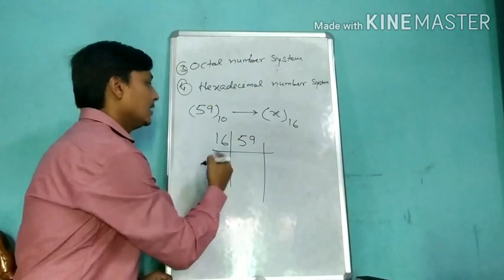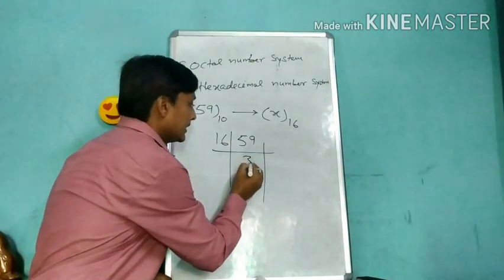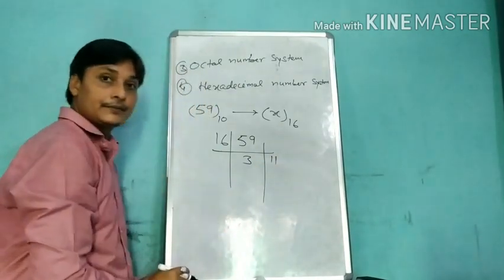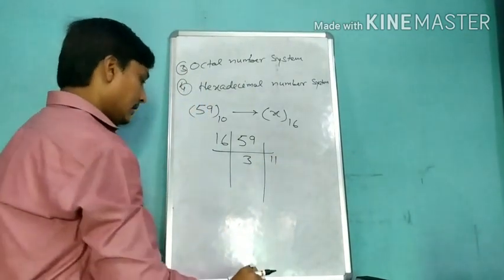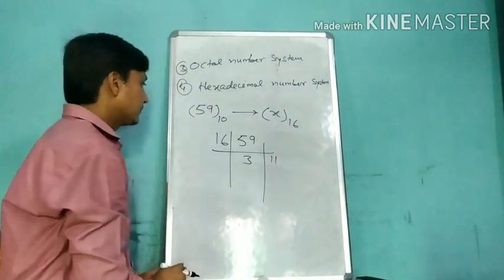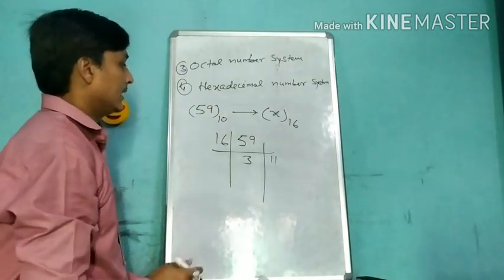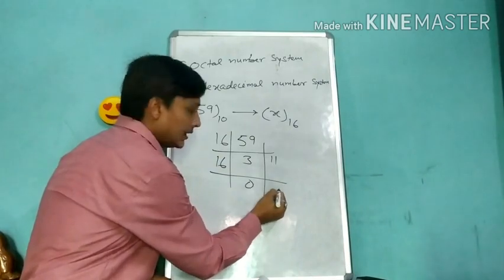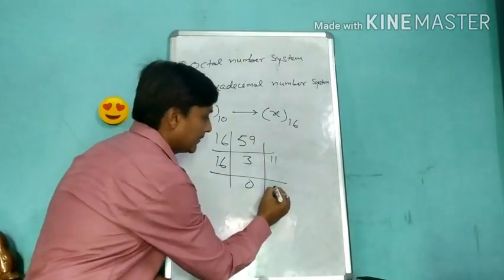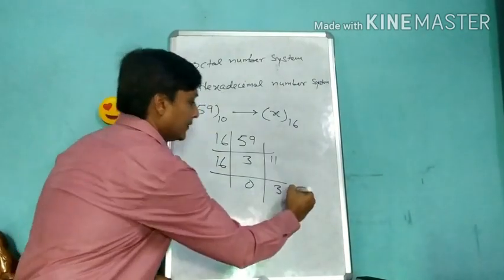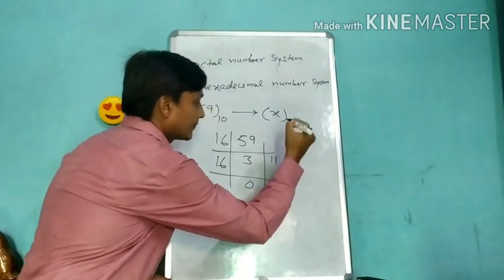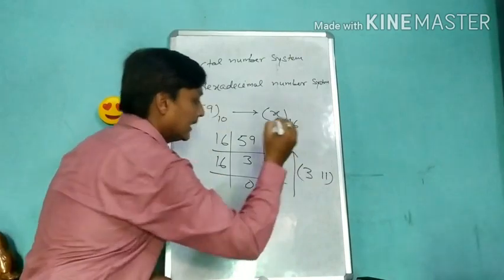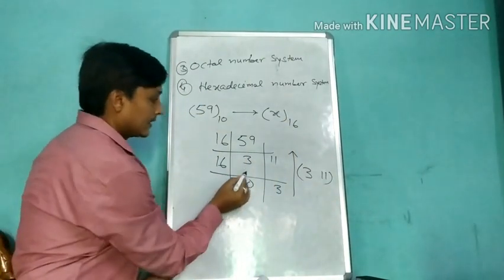Exactly. So 16 3s are 48. We will get 11. Am I right? 48, and we will place the remainder value here as it is.